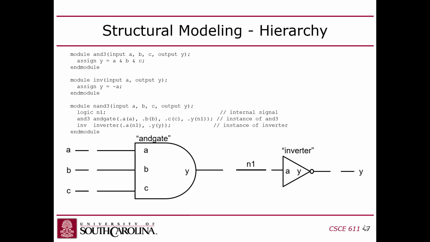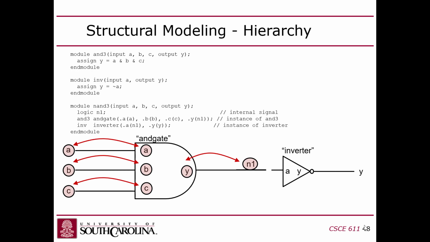And then I create the AND gate and the inverter by virtue of declaring or instantiating them, right? And then the way that I have the mappings here, notice that the input on the NAND is A, and the AND gate also has an input that just happens to also be called A. So I say, I want to take this A and connect it to that A, and I do it with that, which does that. So this A gets connected to that A, that B gets connected to that B, and that C gets connected to that C. But the Y is going to connect to N1, because N1 is the signal internally.